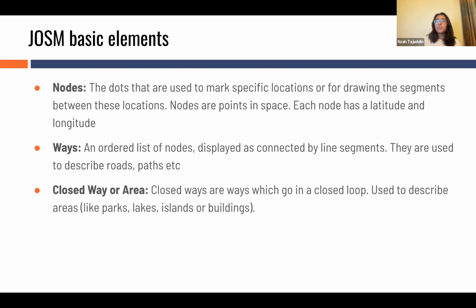A way is an ordered list of nodes displayed as connected by line segments. Usually these are used to describe roads or paths. And a closed way or area are ways which go in a closed loop, and they're usually used to describe parks, lakes, islands, or most commonly buildings. And all of these things can be used for more than all of these examples, of course.